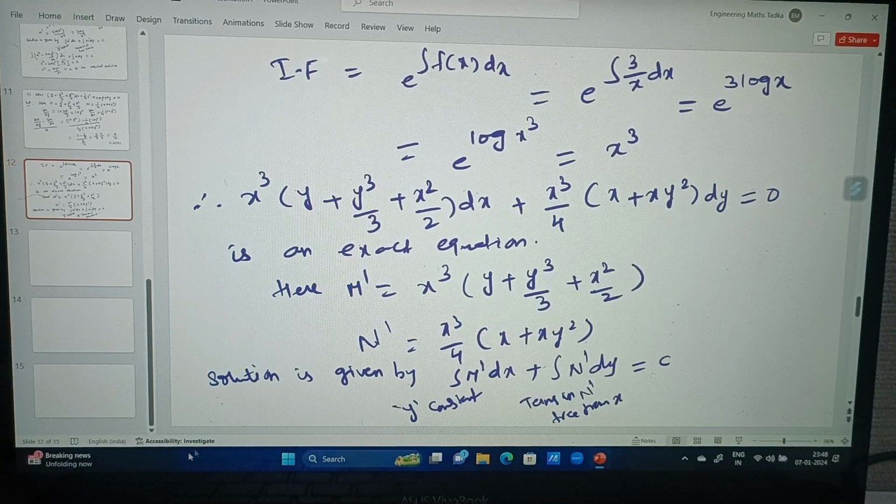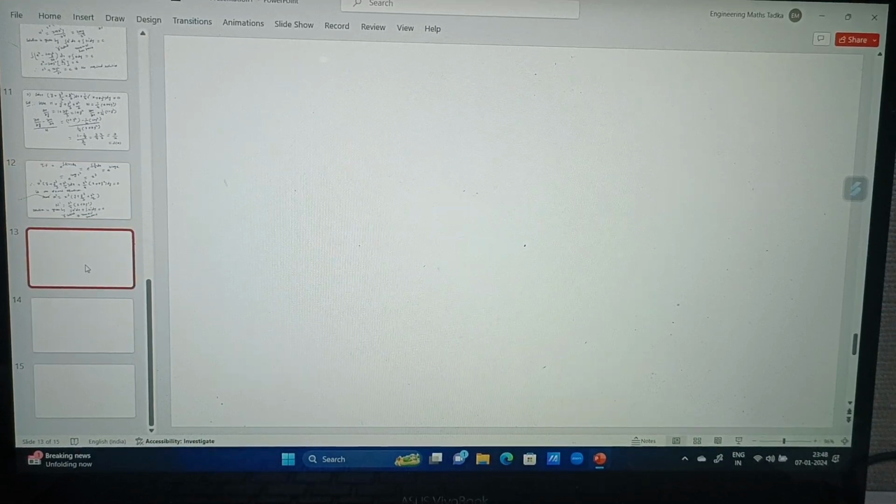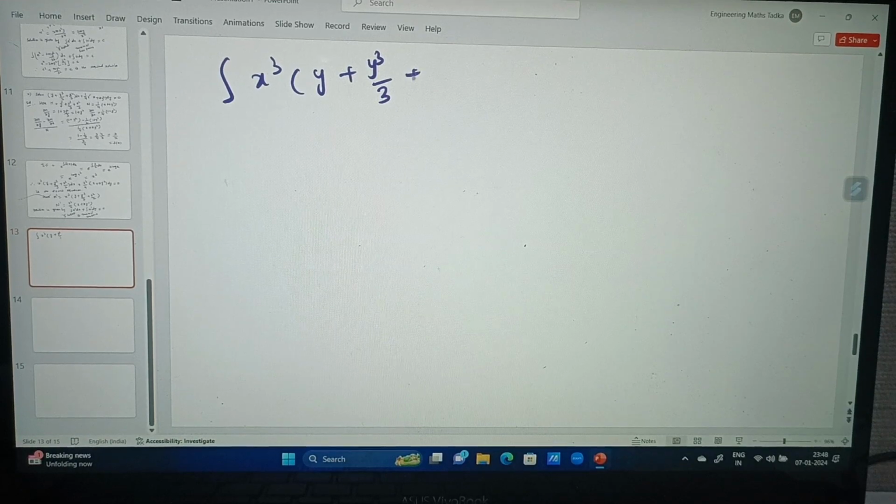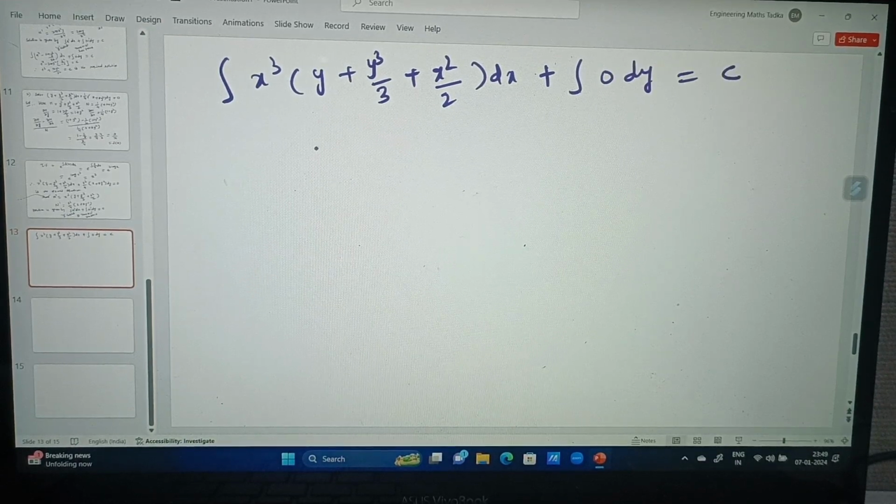Okay, so the next step is going to be integral x cube into y plus y cube upon 3 plus x square by 2 into dx plus, you are not considering any term from n dash because both the terms contain x. Therefore, you need to write integral 0 dy is equal to c.